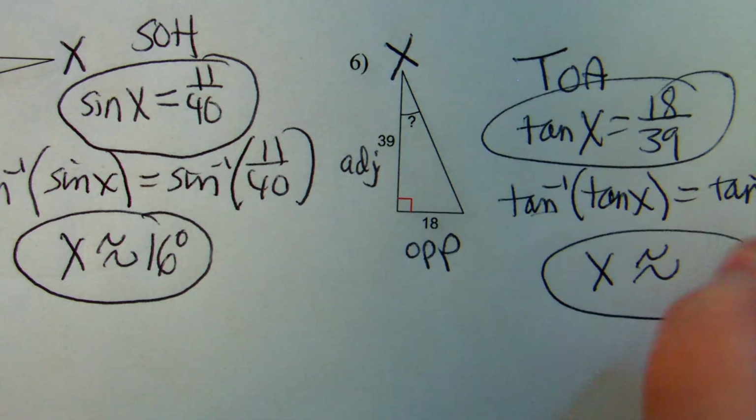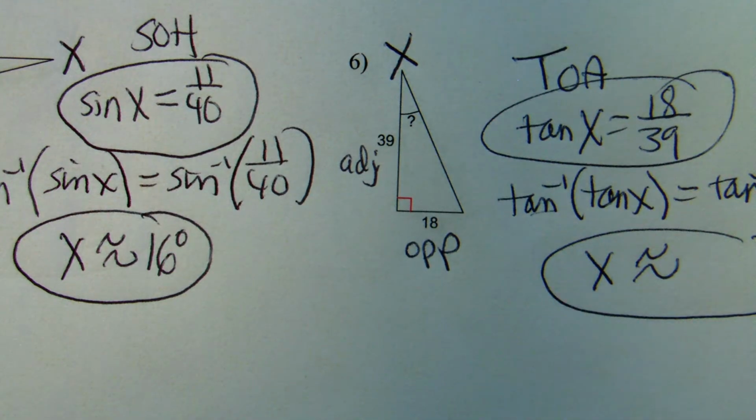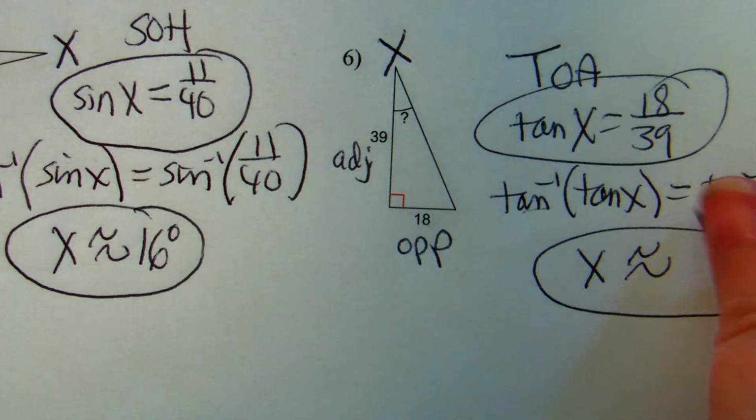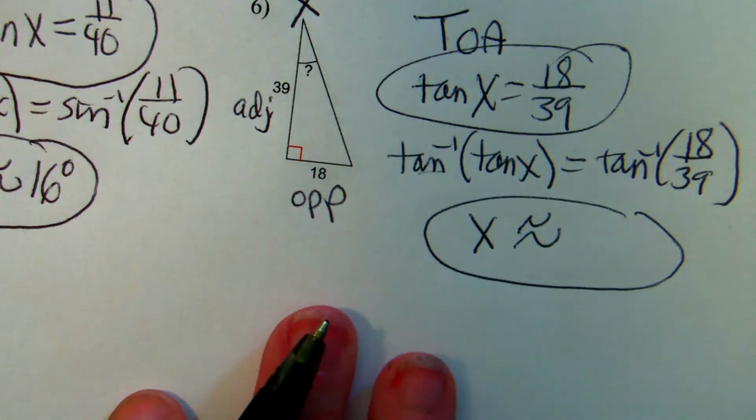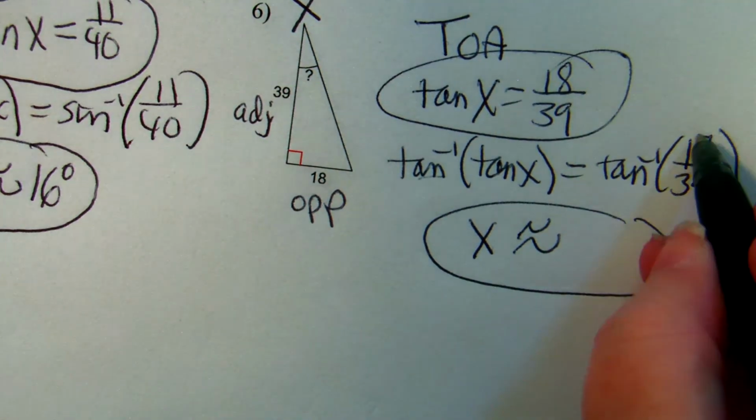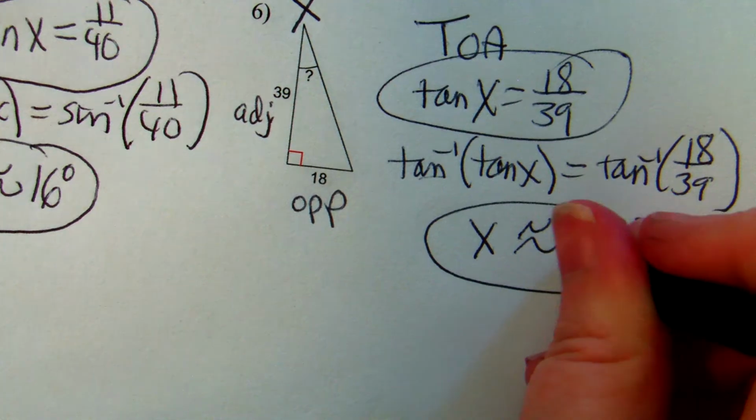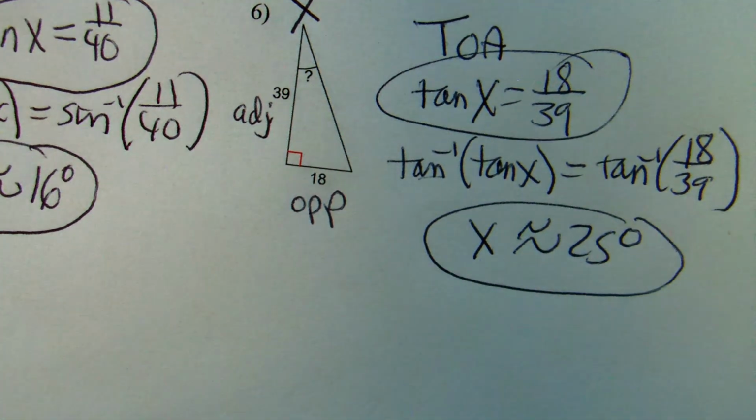And then you do it on the calculator, this part. Tangent inverse of 18 over 39, and you get 25 degrees.